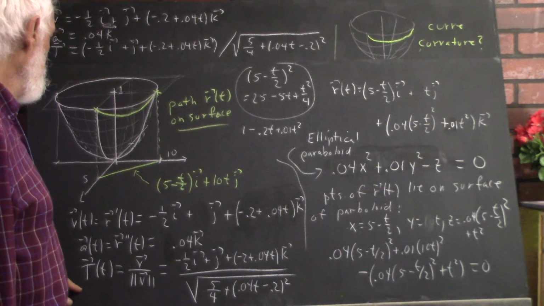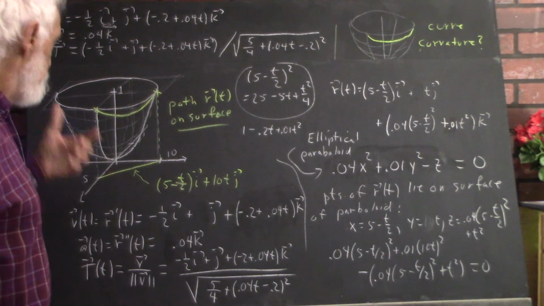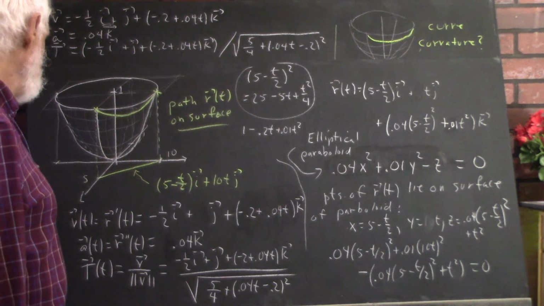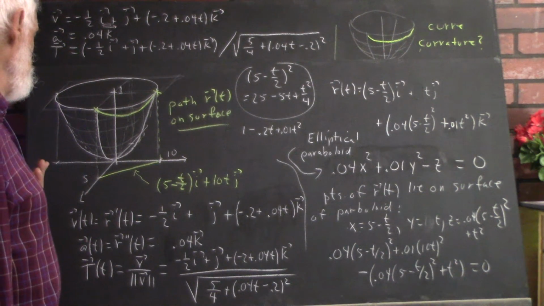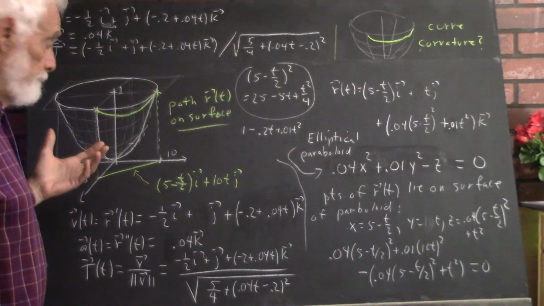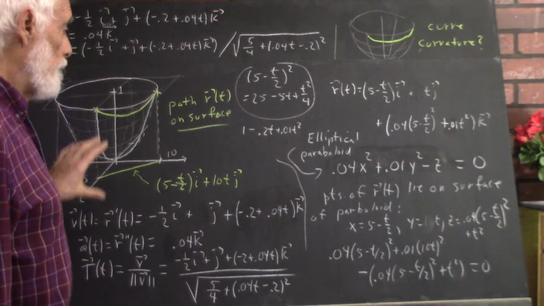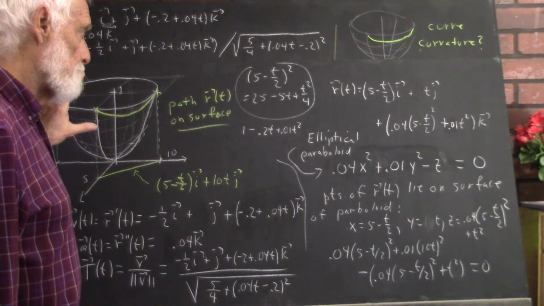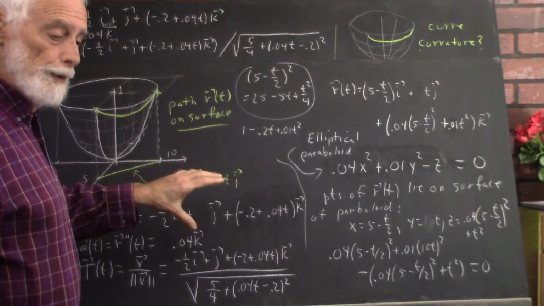And then we want to go on and talk about normal components, binormals, and curvatures. Again, in class we got bogged down on the details, so I kind of cut through the details.